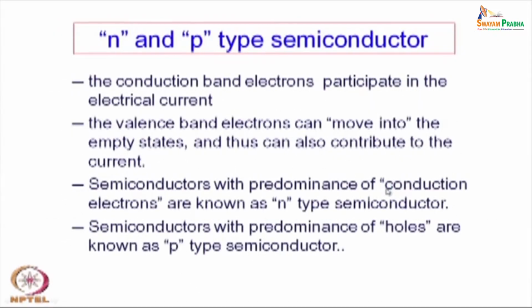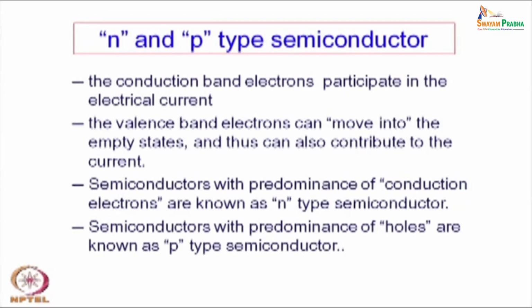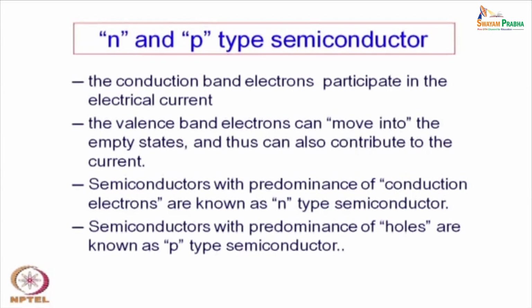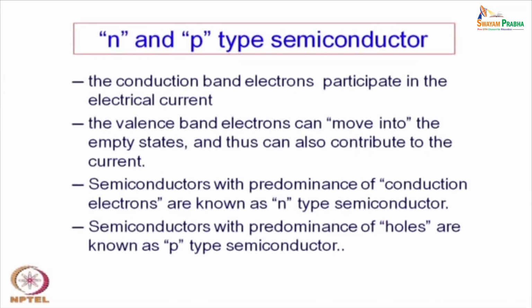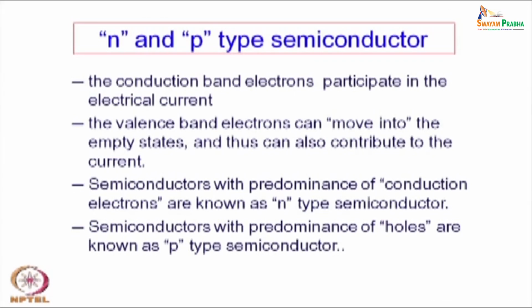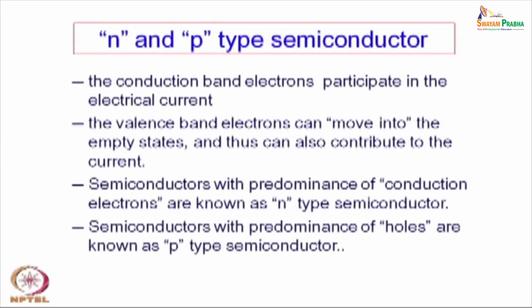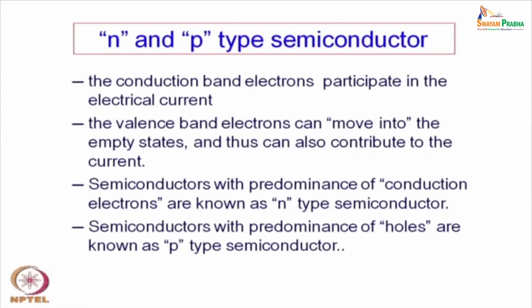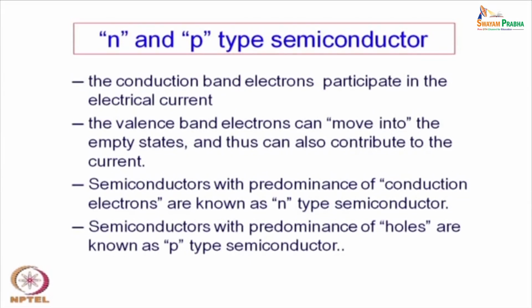And there are two different types of impurity ions. One is a donor type and the other is an acceptor type. Accordingly, we have two different types of semiconductors, the N type semiconductor and the P type semiconductor. When donor ions are available, the ions are donating electrons to the conduction band. So, the number of negative charge carriers is higher than the hole charge carriers.